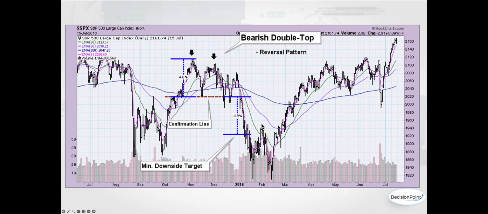Now, of course, if the height of the pattern is longer than your stop level, then you're going to have to work it out on your own. But typically, you're going to see the pattern and the height of the pattern. You're going to get your downside target.